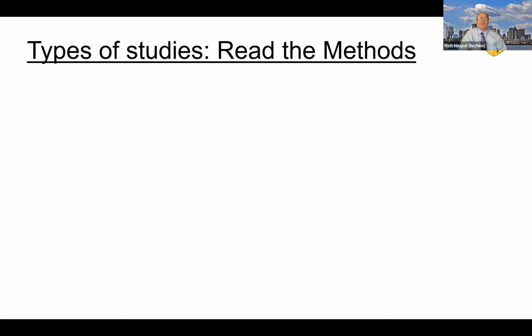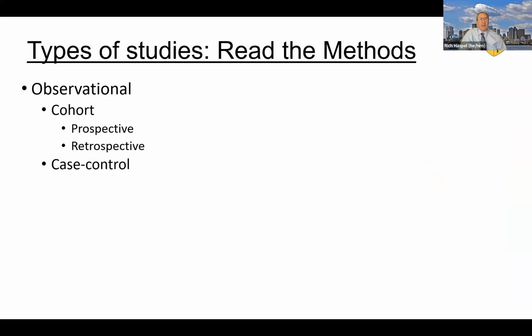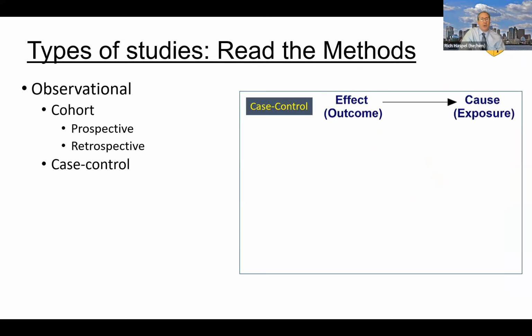All right. Very important to read the methods. And many of you probably know this already. There are two major kinds of observational studies: a cohort, which can be prospective or retrospective, or a case control. In a case control, you're dividing by the outcome, for example, whether the patient survived or died. And then you look to see, when you have those two groups, if there are any differences, for example, in the use of pre-hospital transfusion in a trauma setting.